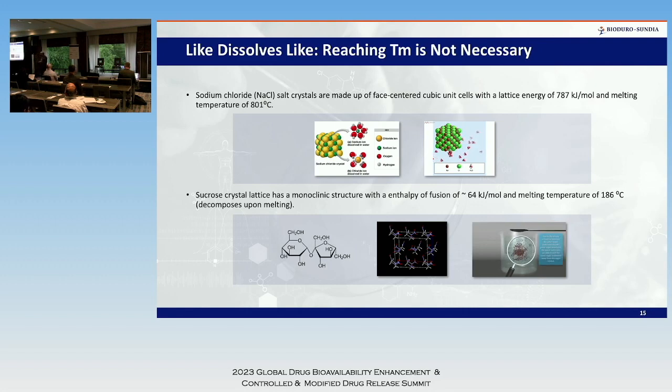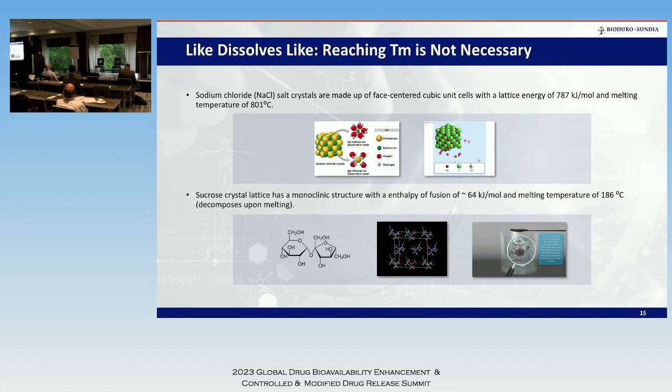As we know, the crystal structure of salt, sodium chloride, is very strong. In order to break that crystal lattice, we need 801 degrees centigrade. But I can take the same crystal lattice of sodium chloride, put it in water, and dissolve it at room temperature. I'm breaking the crystal lattice that requires 801 degrees to break using heat, at room temperature with simple ionic interactions.